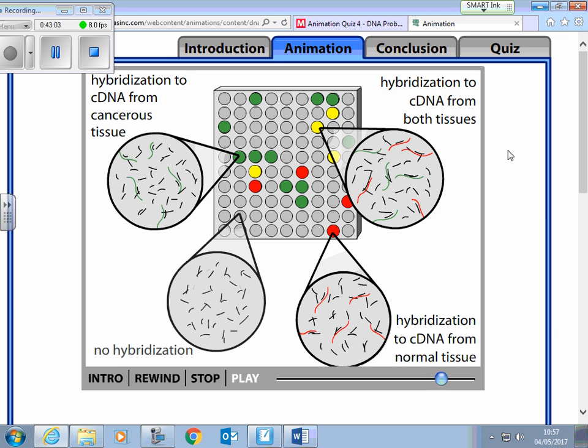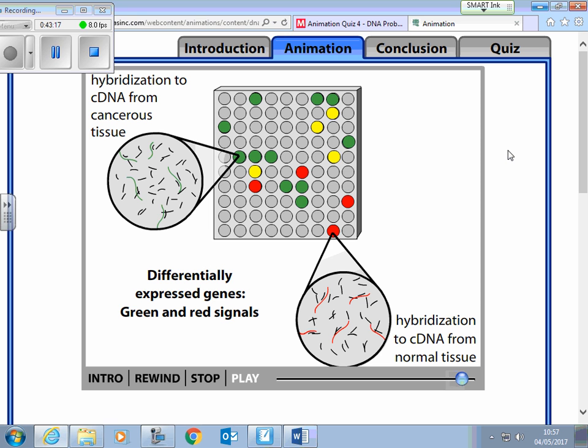Because each area of the chip contains a known DNA sequence corresponding to a known gene, the identities of the hybridizing cDNAs can be determined. Using this data, investigators can establish which genes are expressed differently in the cancerous tissue, and thus may be able to design better treatment strategies.